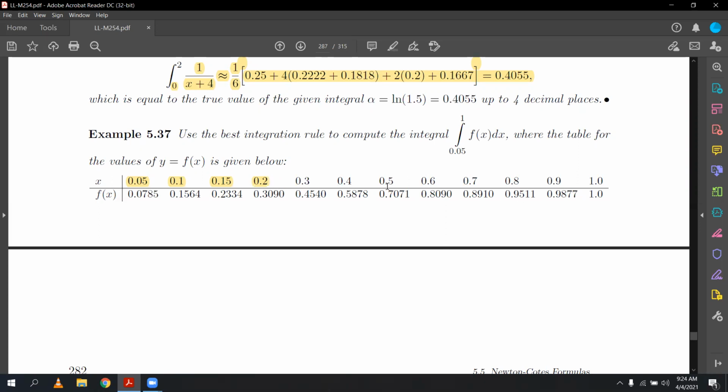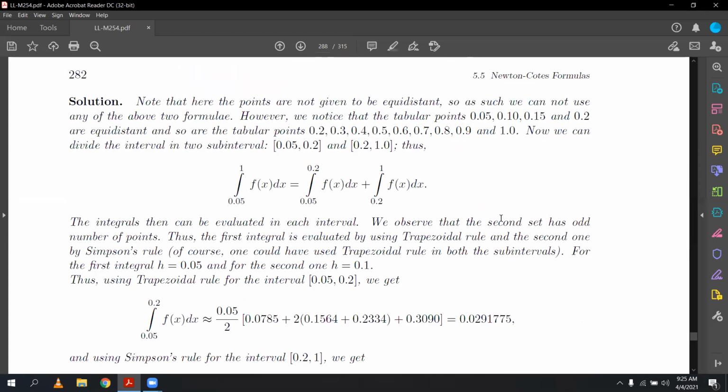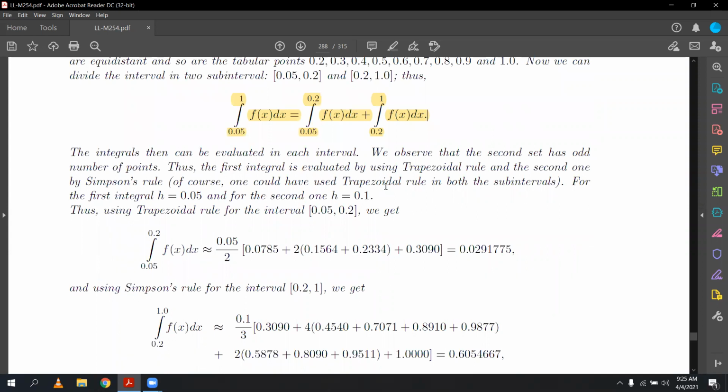And from 0.2 to 1, you have equal spacing of 0.1. 1, 2, 3, 4, 5, 6, 7, 8, 9. 9 points means n is equal to 8. And n equal to 8 means the Simpson rule. So you convert the given integral into 2 parts. In the first part, you apply the composite trapezoidal rule, because in this part we cannot use Simpson, and in the second part we can use the Simpson rule.